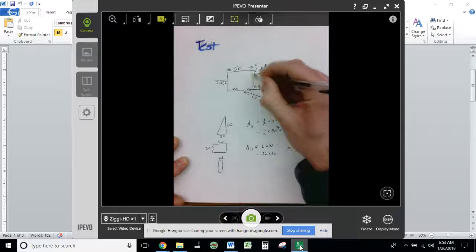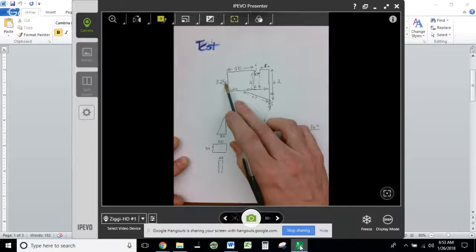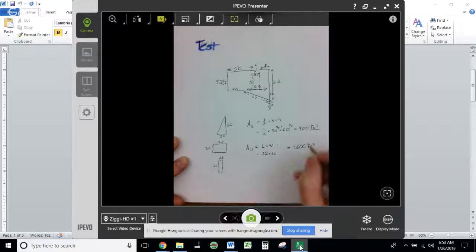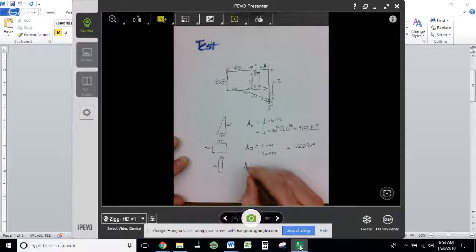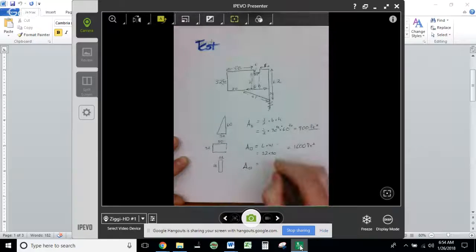So we know that from right there to there is 26. 26 plus 6 equals 32. And of course, I didn't draw this to scale because that 22 looks really skinny. So the area of that rectangle, 22 times 26, and I get 572. Again, length times width. 572 feet squared.